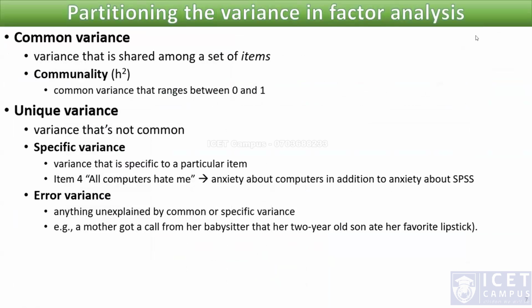There are some terminologies I will explain briefly: common variance and unique variance.